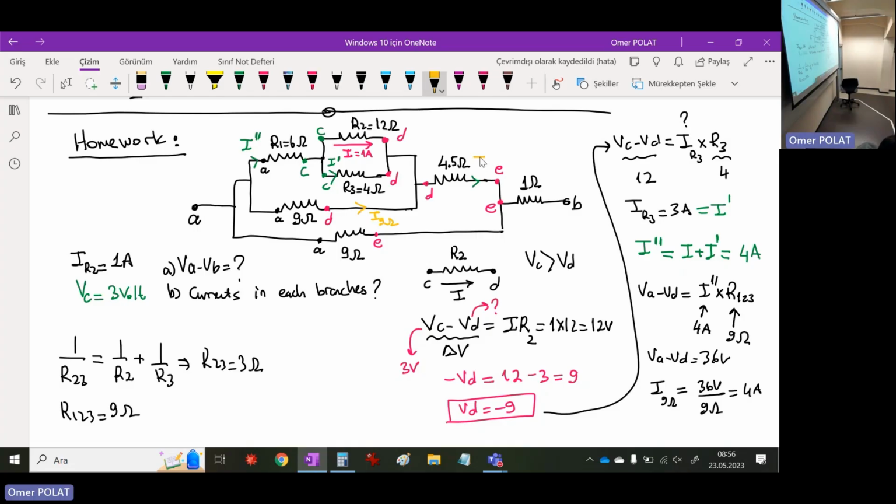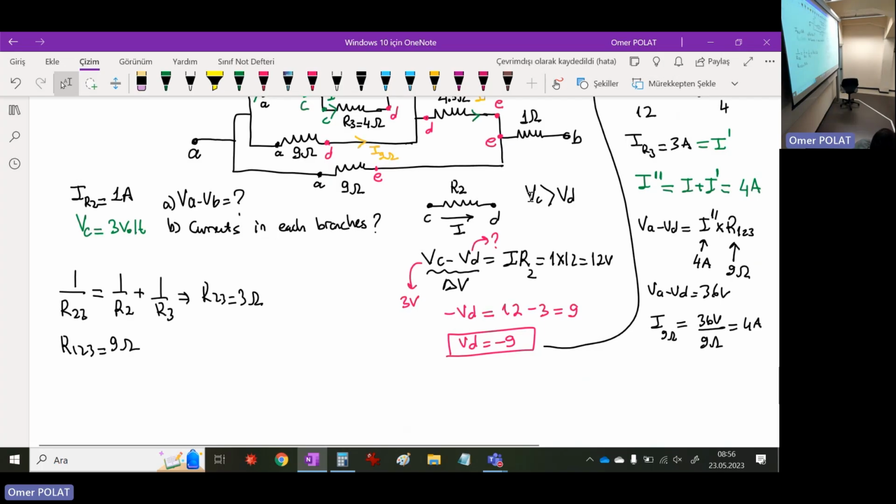Let's put another notation, I star. What is I star? Yes, 4 comes from this line, and from the other line, I double prime. So this is the summation of these two currents: current of 9 ohm plus I double prime.